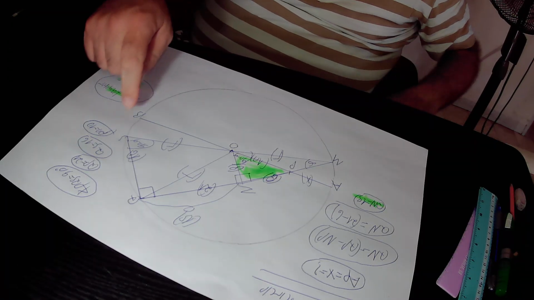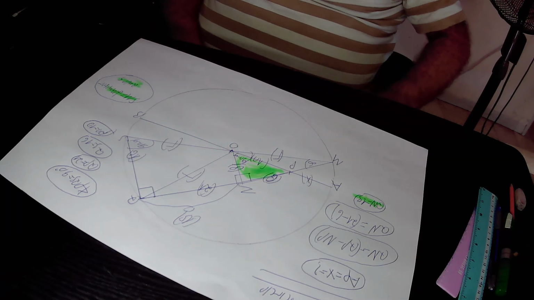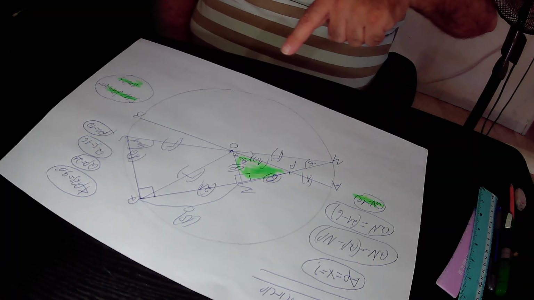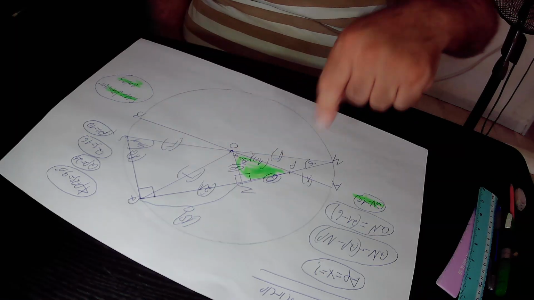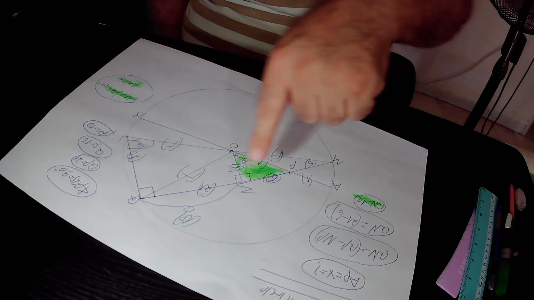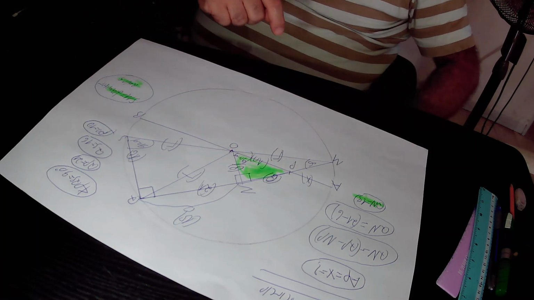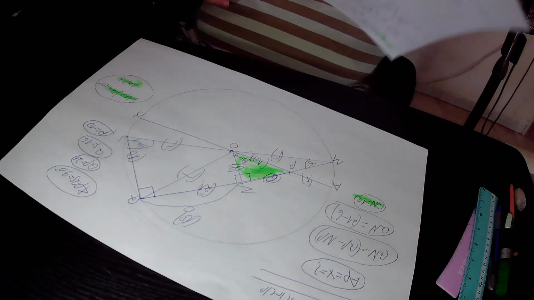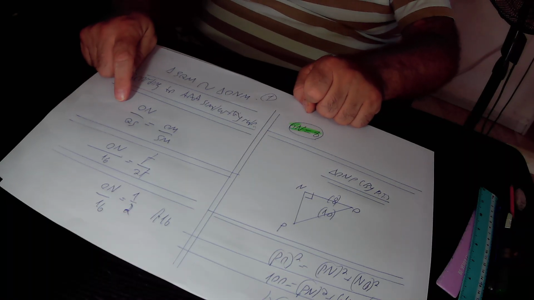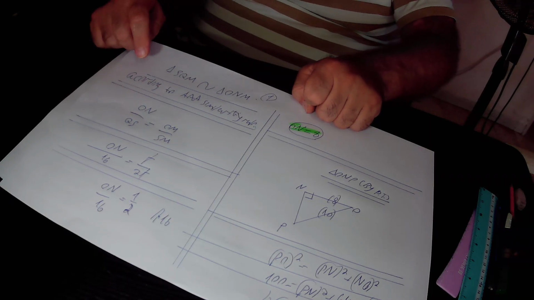From the fact that the big right triangle SQM is similar to the small right triangle ONM, we derive that the following relationship exists between their sides: side ON of the small right triangle ONM over side SQ of the big right triangle SQM is equal to side OM of the small triangle over side SM of the big triangle.